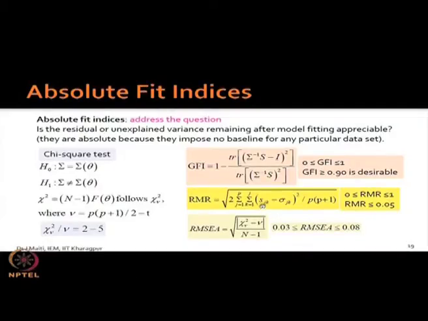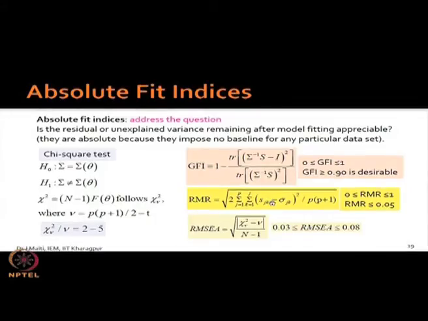You see what we have done: S_jk minus sigma_jk, this is the estimated one, squared, divided by p into p plus 1, that is the non-redundant part. The 2 is given because that is twice, so divided by 2, p into p plus 1. So, this quantity should also be as low as possible. It varies from 0 to 1 and RMR should be less than 0.05.